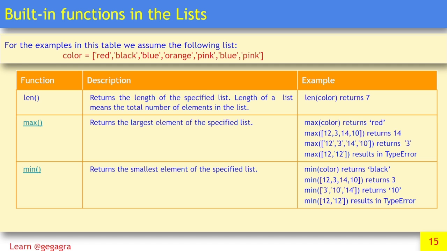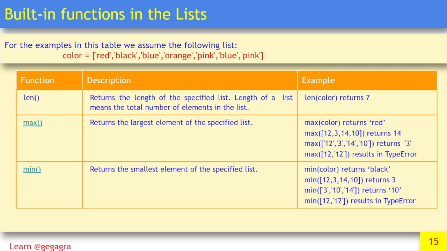Look at 12, 3, 14, 10. The code of 3 is higher than that of 1, so 3 is counted as the maximum, higher than 12, 14, and 10, and that is why it will return 3 as the maximum value.